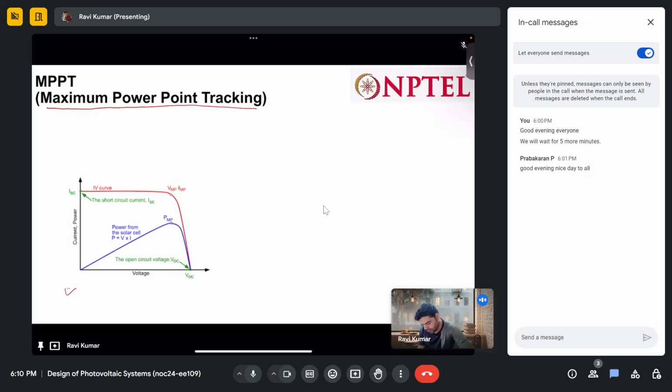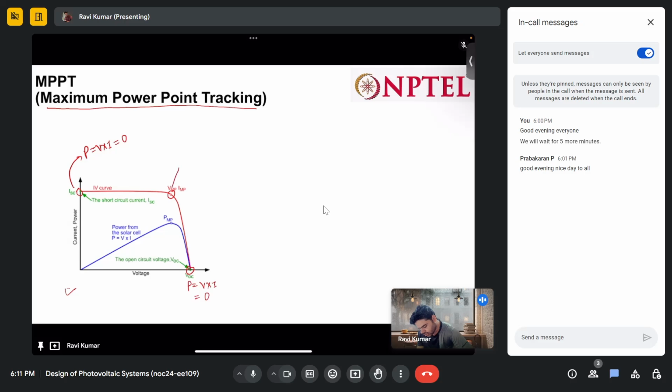Here we have VOC, here we have ISC, and this is the point which we are talking about, the maximum power point. The power at this point will be V into I. Here V is 0, so power is 0. Here I is 0, so it will be 0.